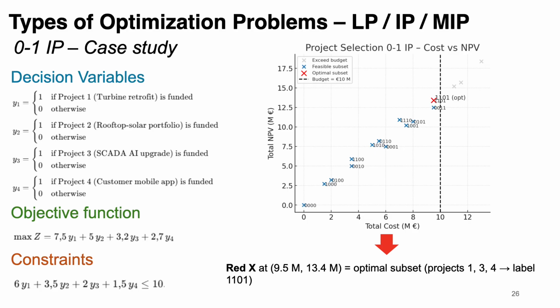This is represented by a binary label 1, 1, 0, 1. This means projects 1, 2, and 4 are greenlit, while project 3 is dropped. This is the power of 0-1 programming. It gives you a definitive, executable list of go or no-go decisions that are mathematically guaranteed to be the best possible use of your capital.